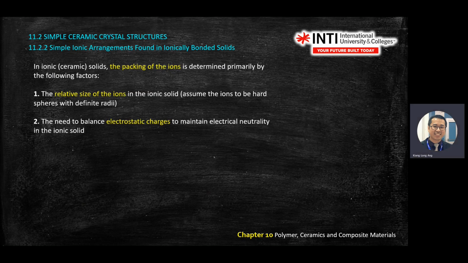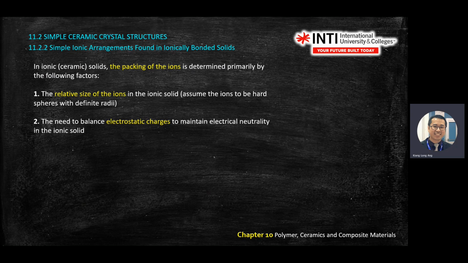First is, again, the size of the ion. And the second one is electrostatic charges. These two will tell you how the ceramic material's ions are packed, how they're going to arrange the ions. So first is the size of the ions.